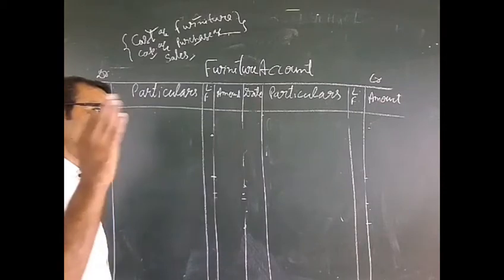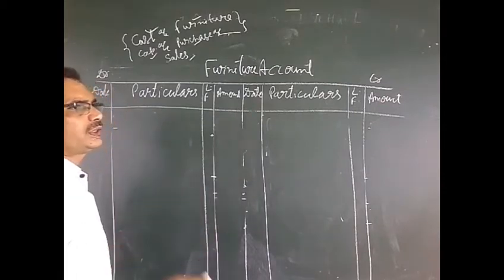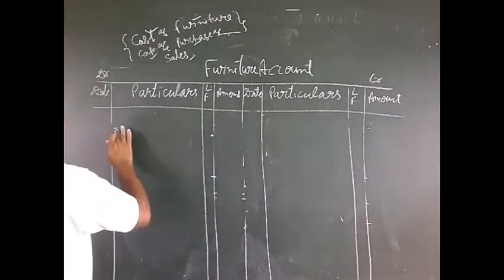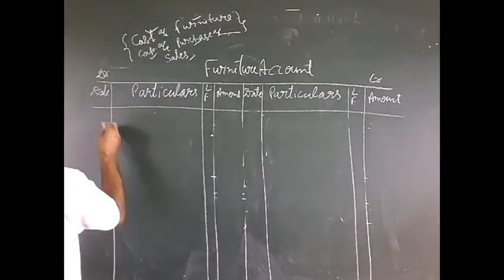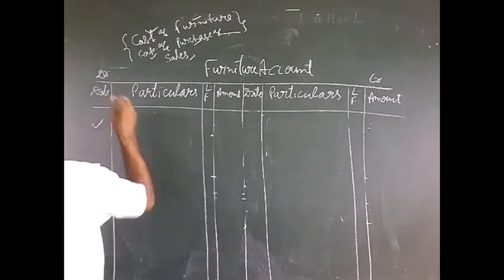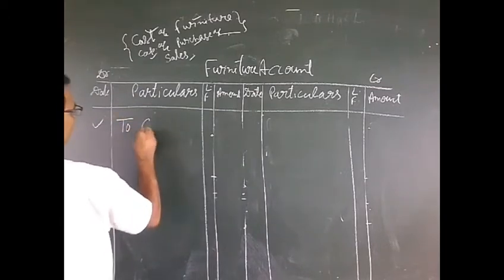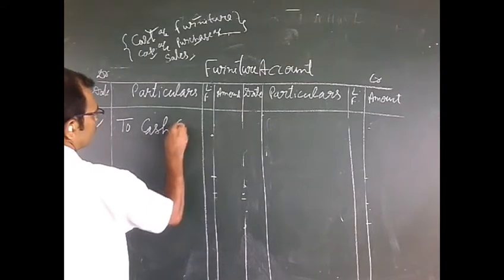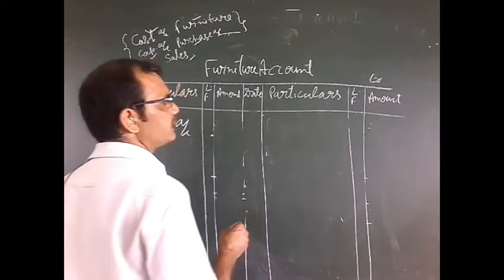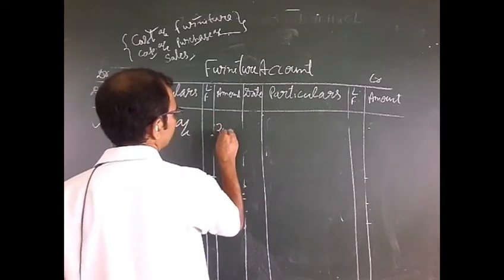Furniture account debit to cash account, and cash account was written in credit side, so we will write in the debit side. Here we will enter date, and other name was cash account, so we will write here cash account, and the amount is 20,000.